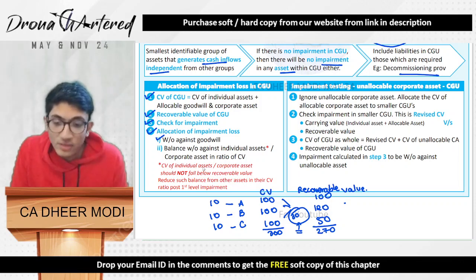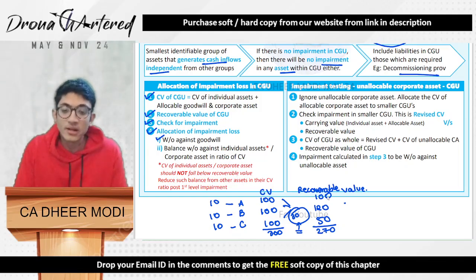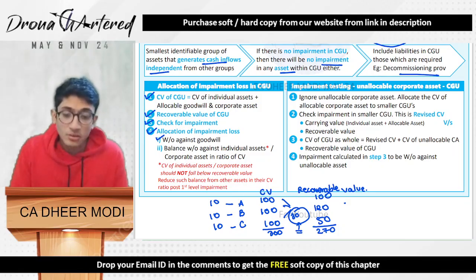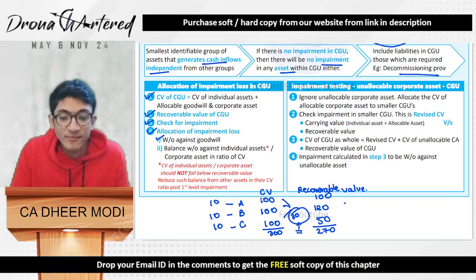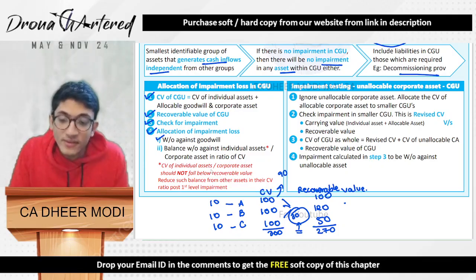Carrying value of individual assets should not fall below the recoverable value. In such a case, the entire question remains the same. Okay, so this 30 rupees, can we subtract 10 from A? If we subtract 10 from A, this carrying value of 100 will change to what? 90. But what does it say? Carrying value of individual assets should not fall below the recoverable value. The recoverable value is how much? 100.